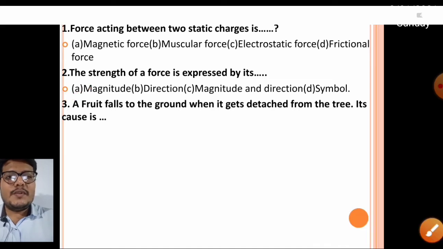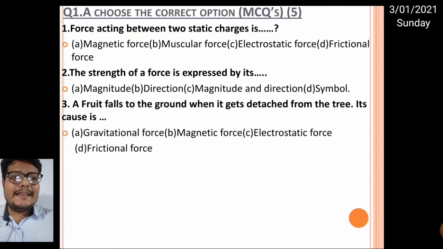Okay, see next question here. A fruit falls to the ground when it gets detached from the tree. What is the force that causes it? Because of that, the fruit falls on the ground, right? There is a famous story of Newton that he was sitting under a tree and a fruit fell on his head.